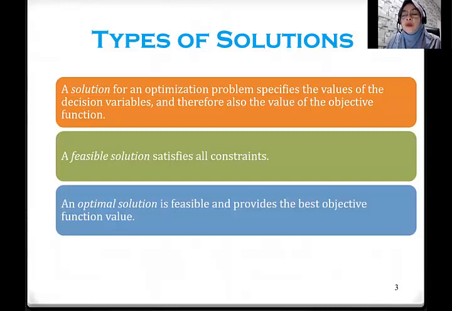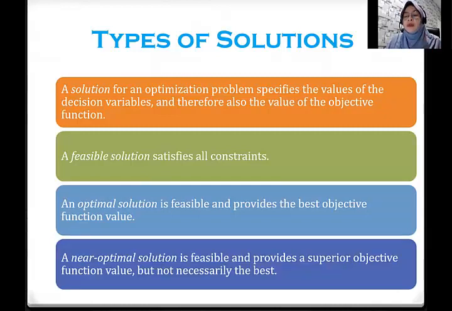An optimal solution is a feasible solution that provides the best objective function value. A near optimal solution is feasible and provides a superior objective function value, but not necessarily the best.